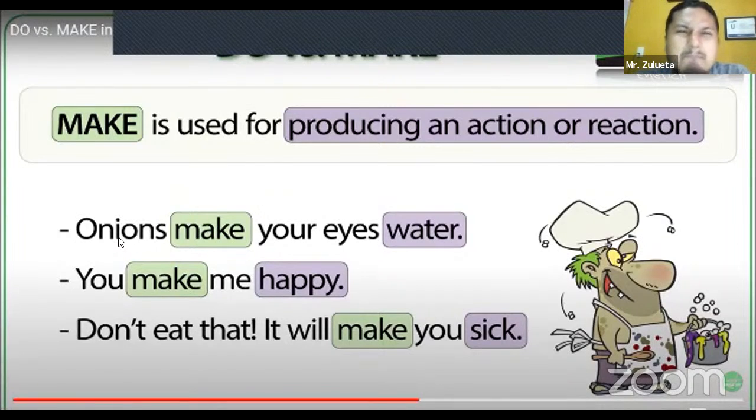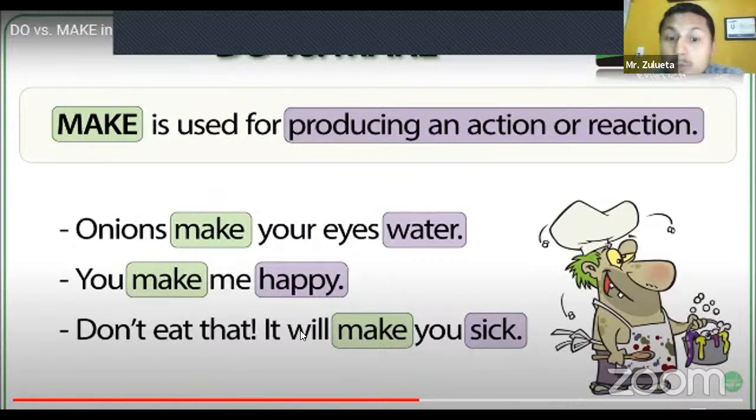For example, my boyfriend or my girlfriend made me cry. Me hizo llorar, okay? So yes, for a reaction, okay? Or my brother makes me happy when he visits me. He makes me happy, all right?